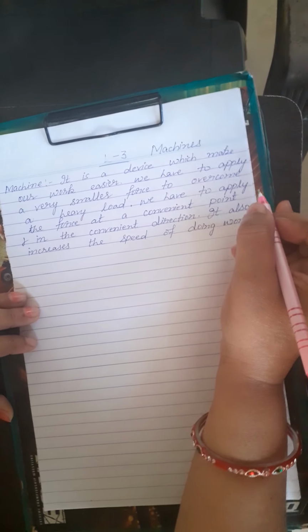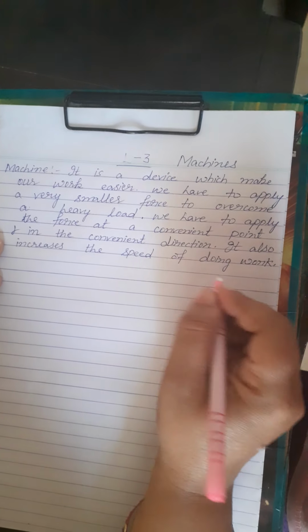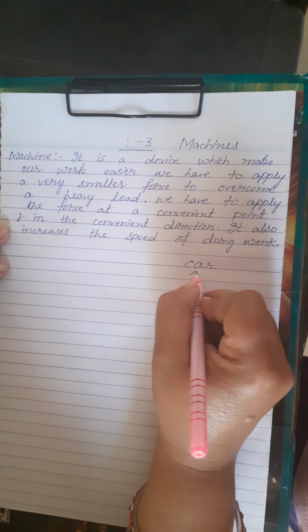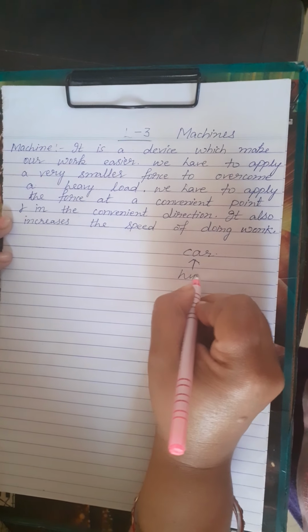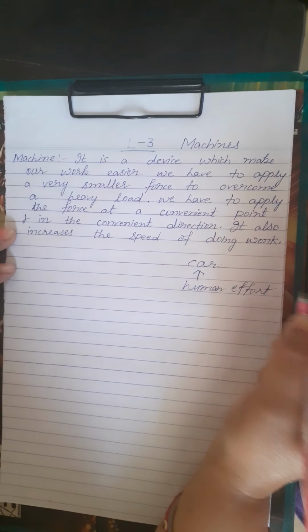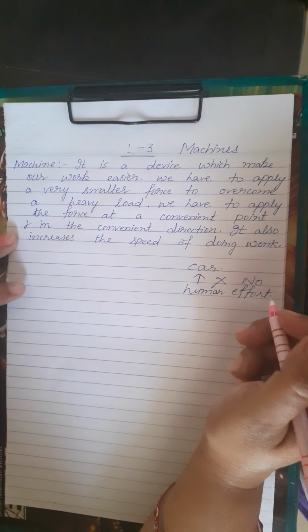So, first of all, beta, I have written we have to apply very smaller force to overcome a heavy load. Suppose that you are having a car. Is it possible to lift it with the help of human effort? Is it possible? So our answer will be no. It is not possible.